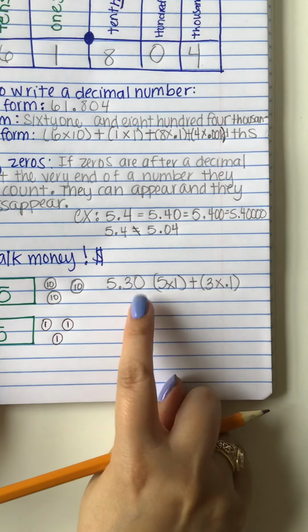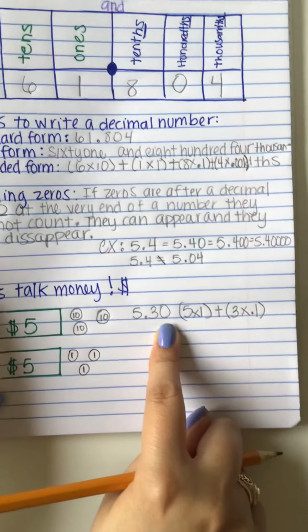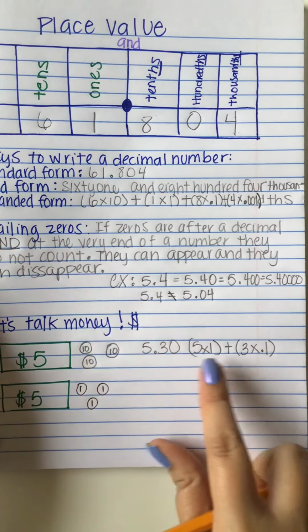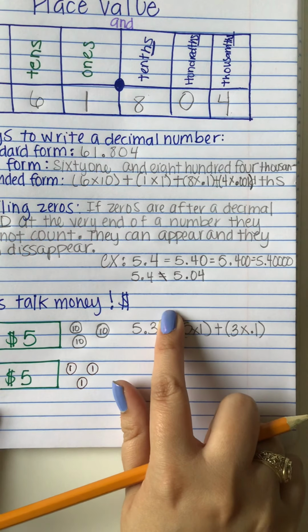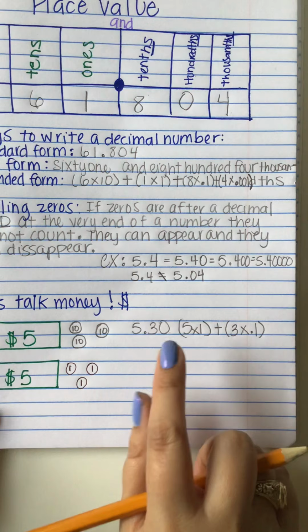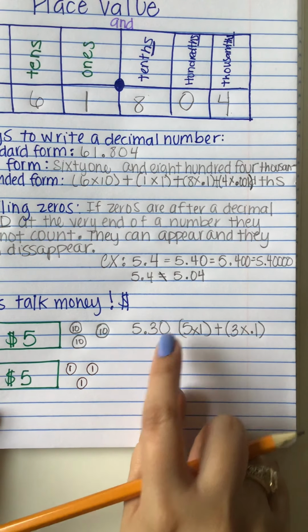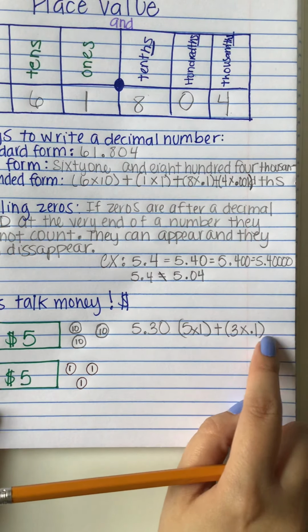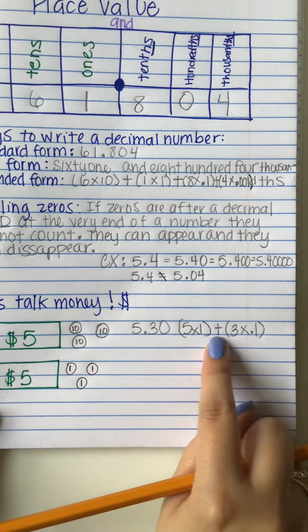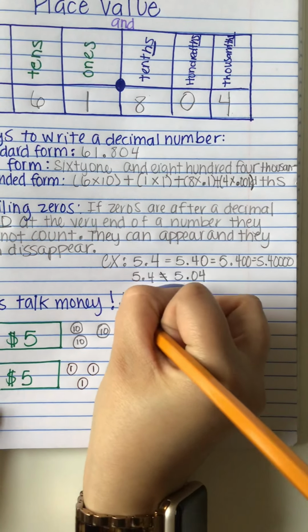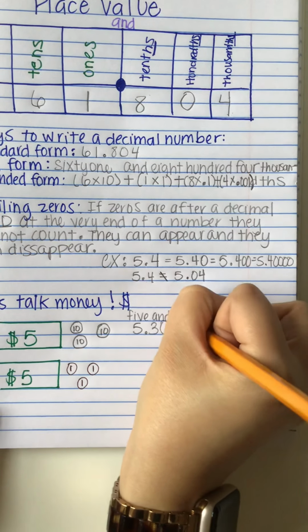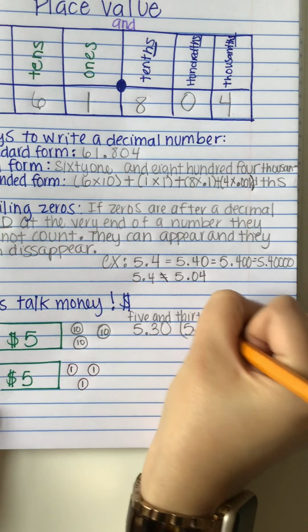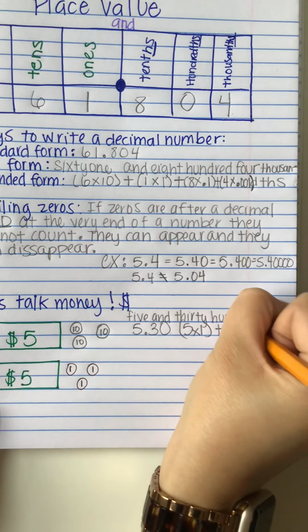Because if you remember, this 0 right here is called a trailing 0. That means that this 0 can come and go whenever it wants. It could be 5.3, okay? But because it's money, it's 5.30, it's $5.30. And this right here, this is the expanded form. We would say 5 and 30 hundredths.